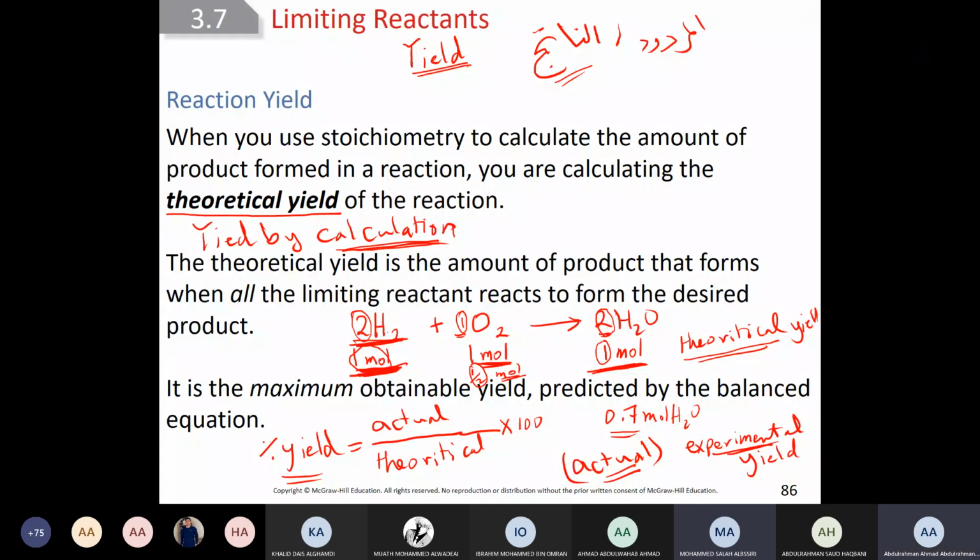Actual over theoretical, mass or mole? What would be the unit for percent yield? No unit. If it's mass, then gram will go with gram. If it's mole, then mole with mole, and there will be no unit as well. Clear? So what's the percent yield for this experiment that we just did?